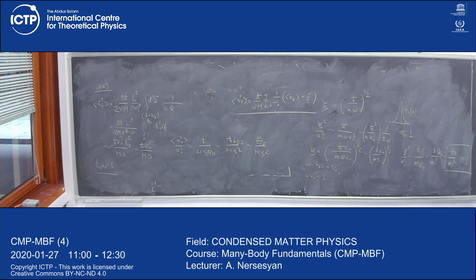Remember, in the very, very first lecture, I was referring to main trends in contemporary condensed matter physics, such ideas like more is different and things around that. One of the key points which was introduced was the notion of universality.